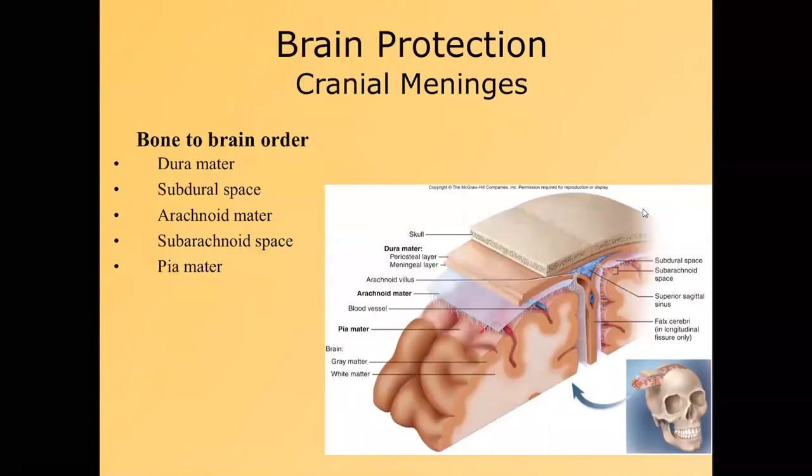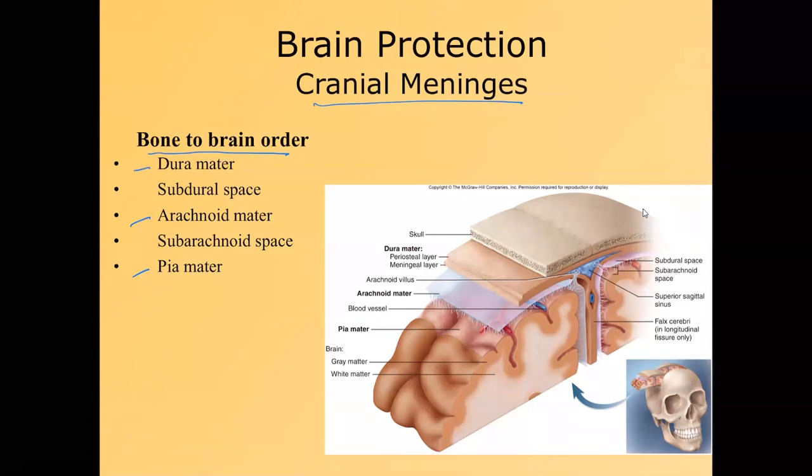Okay, we're going to start from the outside of the brain. We're going to talk about the meninges. The meninges are the stuff that's going to protect your brain. If we go from the outside and work our way in, we're going to have layers, and then we're going to have spaces in between the layers.